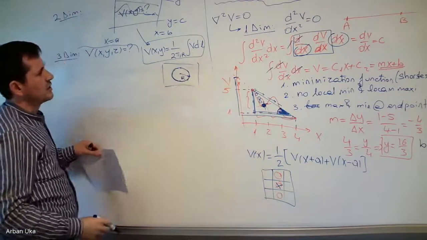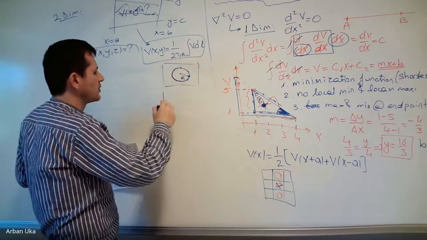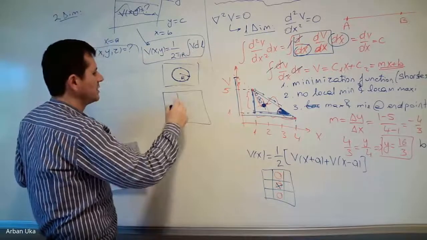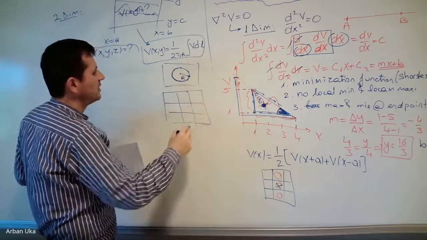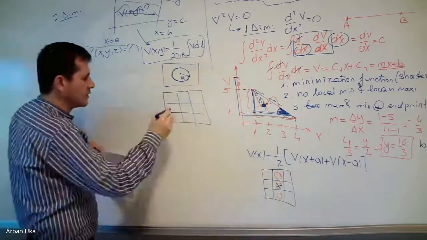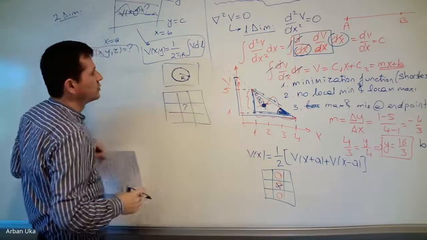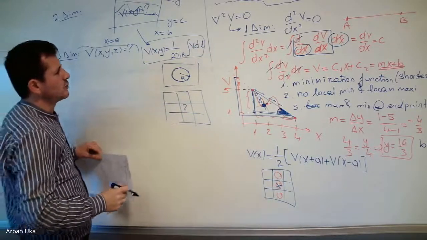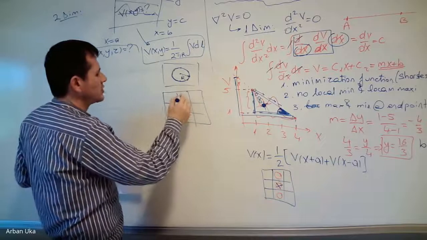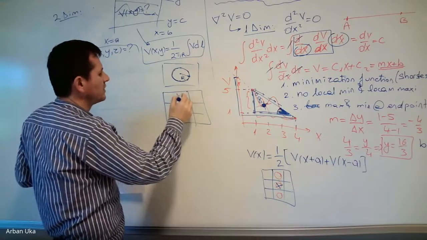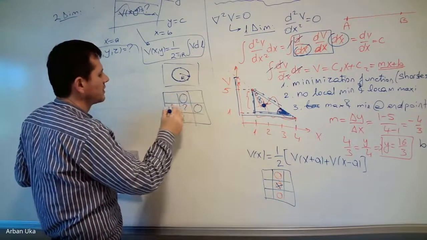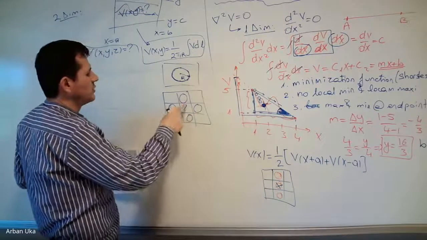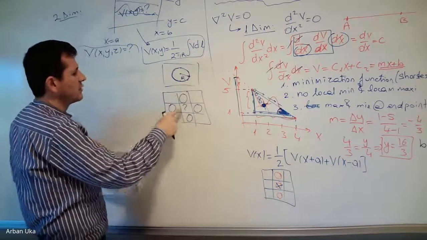Now, the Laplacian operator in a discrete problem, which would be, as we said before, like an image, the value of this pixel here, which we do not know, will be equal to the average of all of these pixels around. Okay, so this one, plus this one. We find the average of these, then we find the value of this pixel.